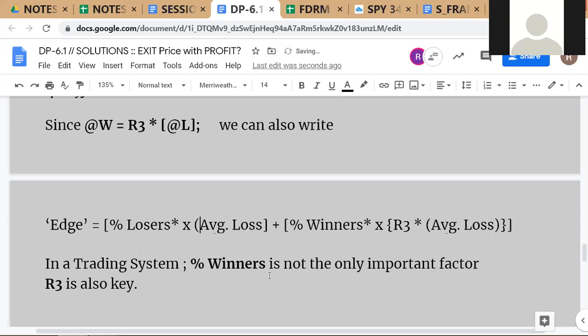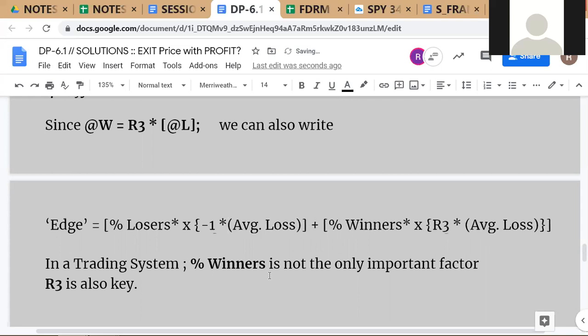Either you write the average loss as a negative, or we can make it better and write it as -1 into average loss. So this term will always come out as a negative, and this term will come out as a positive. Now the question is, does the positive outweigh the negative?